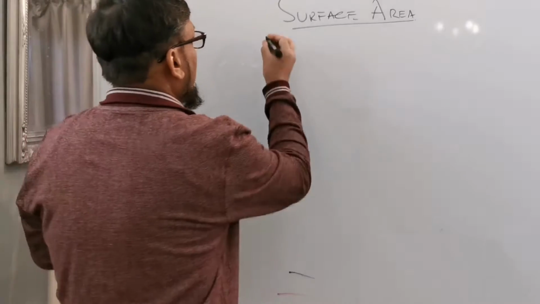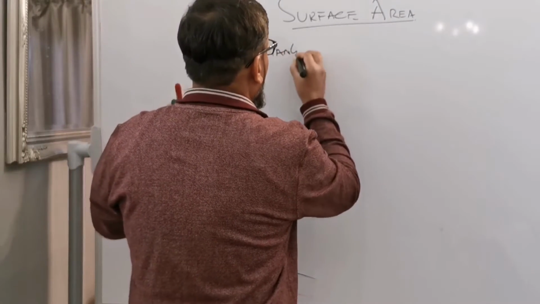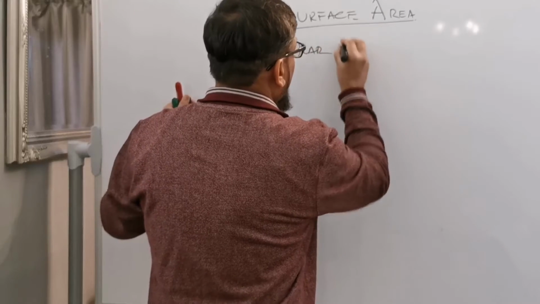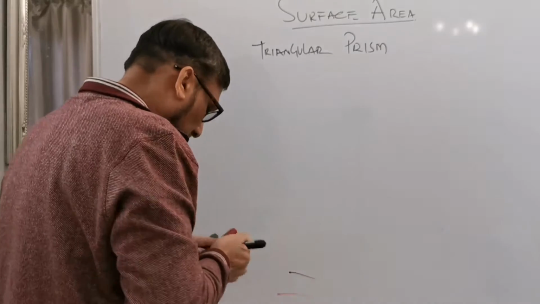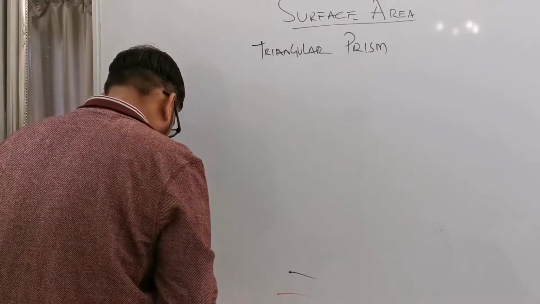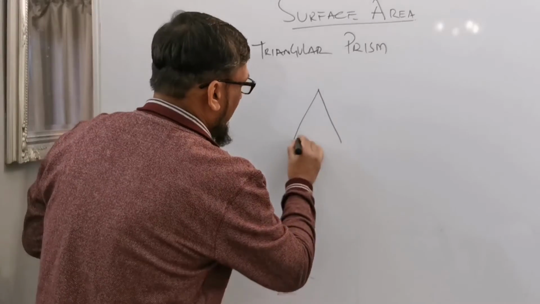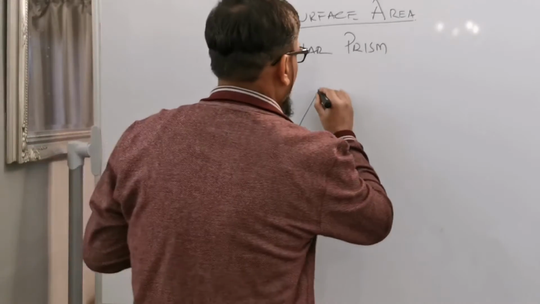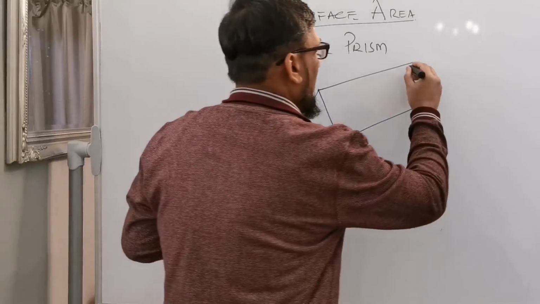So the triangular prism looks like this.